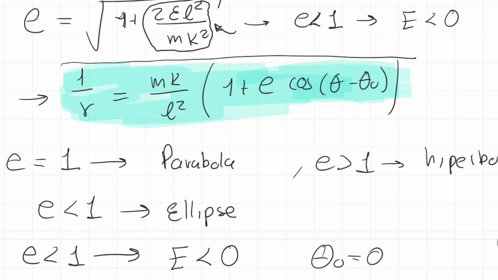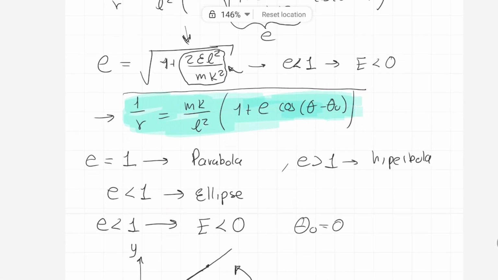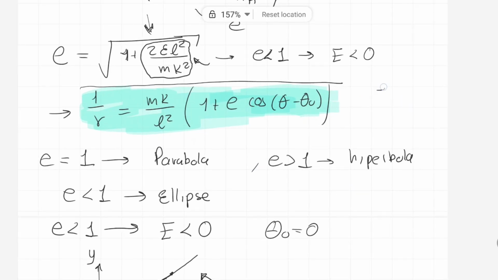But what you need to notice here is that this is actually the polar representation of the equation of an ellipse. When the eccentricity is less than 1, this polar equation will represent an ellipse. So we got the polar representation of an ellipse. That means that the Earth makes an ellipse around the Sun.